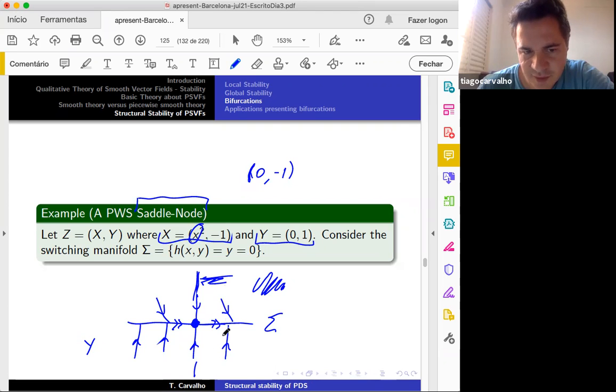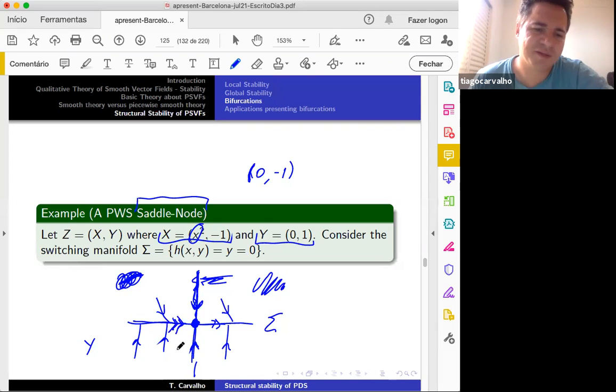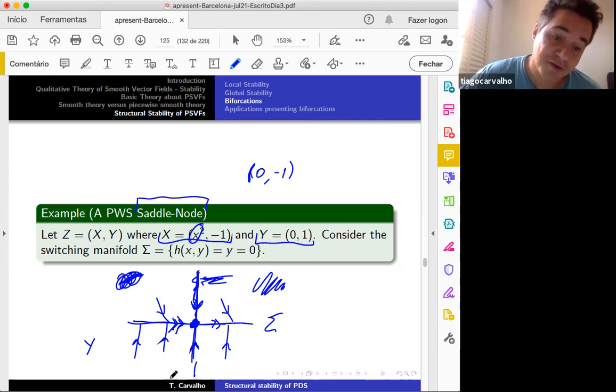And at this other half plane, separated from the first, we have the same attracting direction, but also an attractive behavior in the other direction. So this point behaves like a node for this half plane.